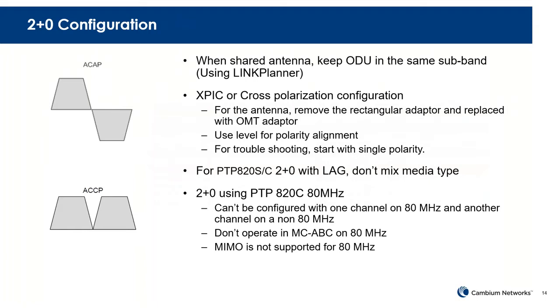For example, you don't want to mix a fiber port with copper. You may want to use all copper or all fiber, because many switches don't allow a link aggregation group or EtherChannel across different media types. Some switches do, but you need to be very careful unless you are very sure.